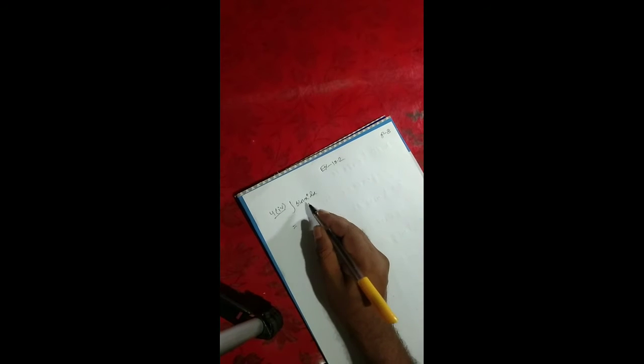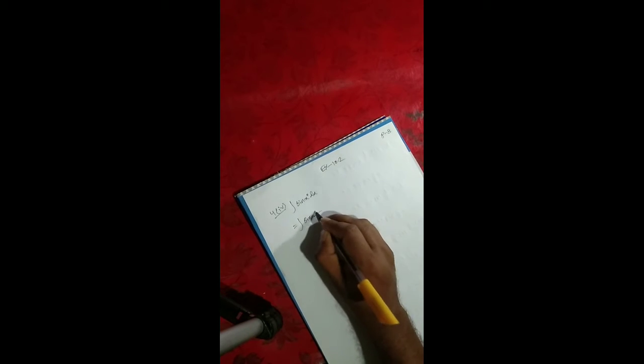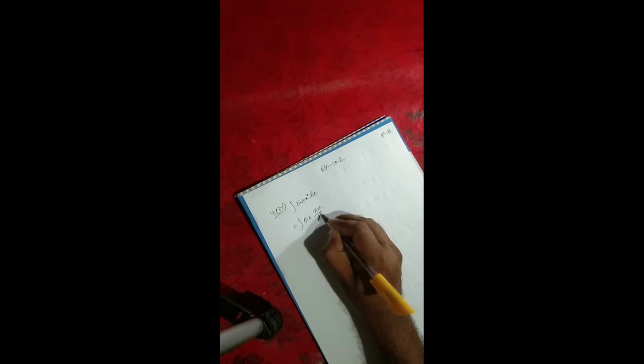At first we convert x degree: integration of sine pi x by 180 dx, since 1 degree is equal to pi by 180 radian.